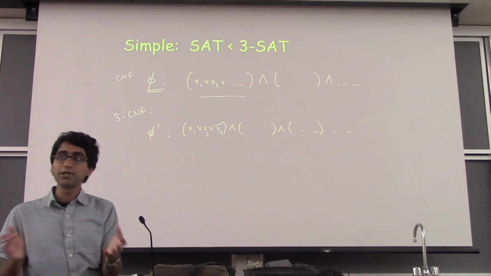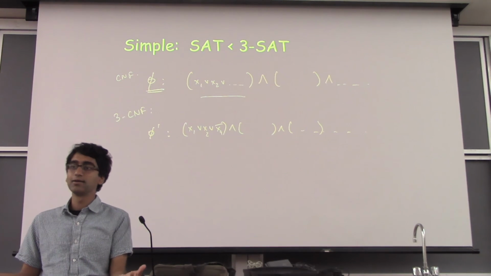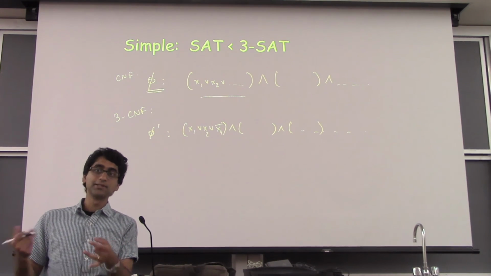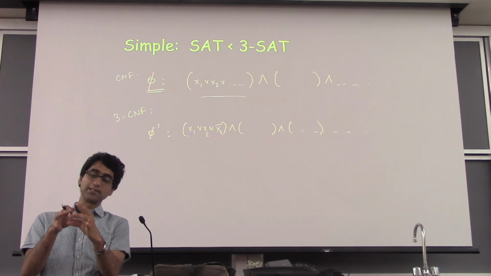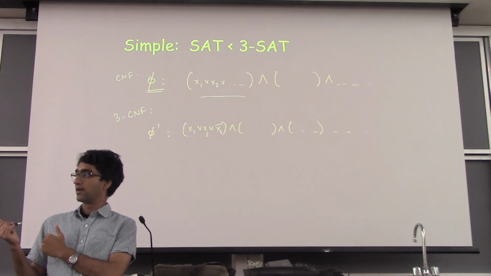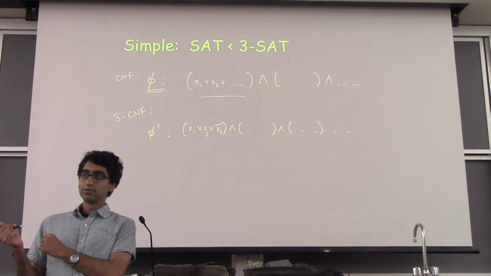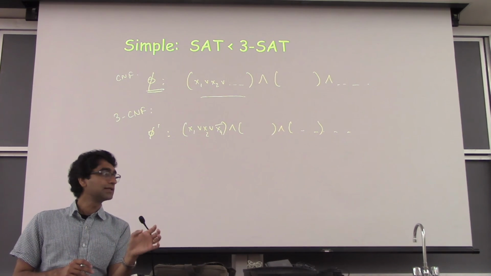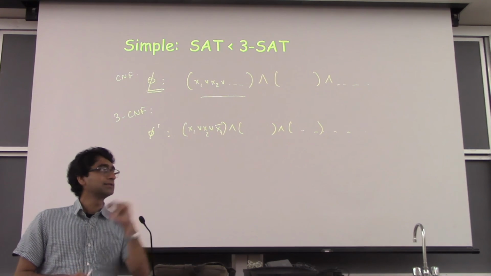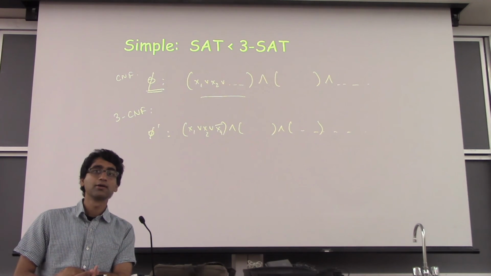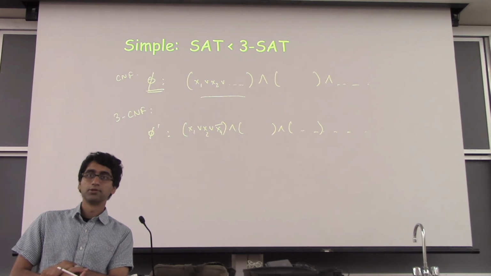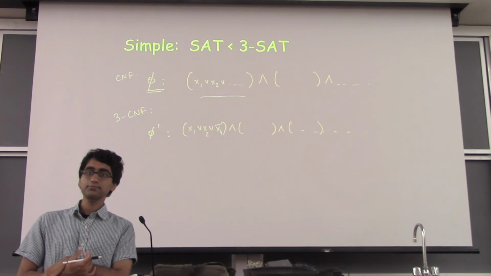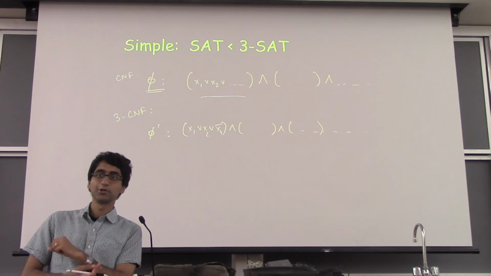The satisfiability problem just says you have a formula and you want to figure out if it's satisfiable. 3SAT is the satisfiability problem, but restricted to inputs that are 3CNFs. Those are the problems. Now I want to say that there are reductions in both directions. So which direction is easy? That's always the wrong thing, right?